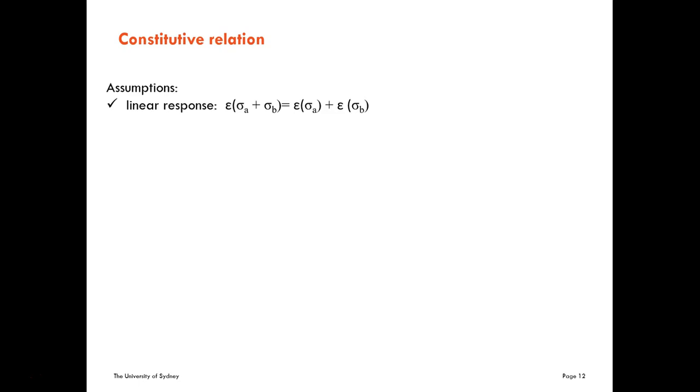It means that if I apply different actions, the sum of the responses to these individual actions, that is the strain, is equal to the response to the combination of these actions. This is the linear response assumption, also called the principle of superposition.